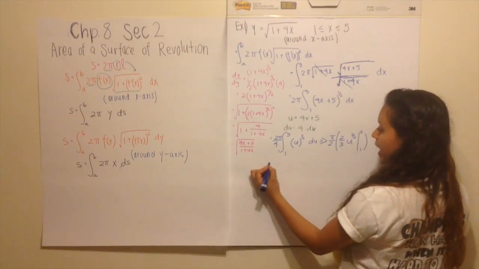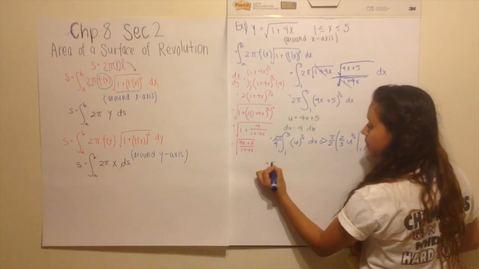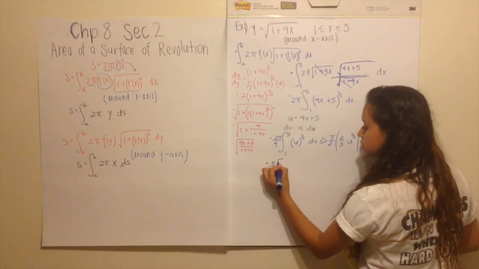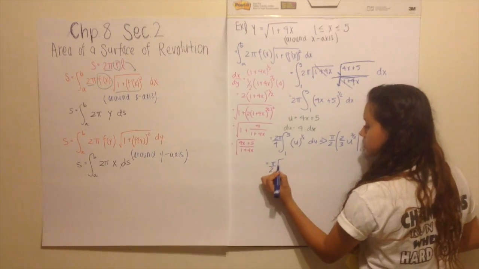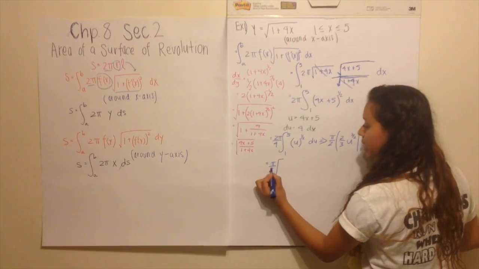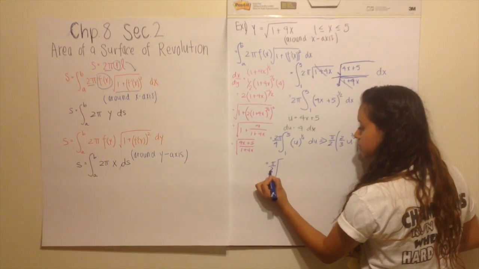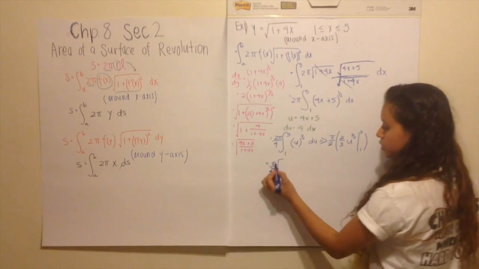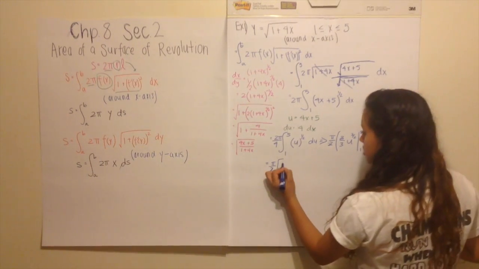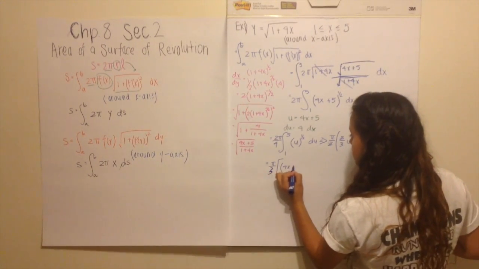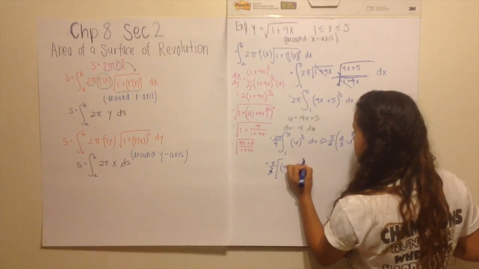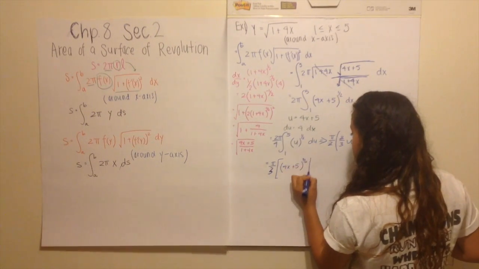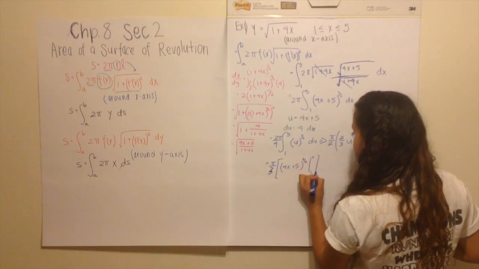So when I put it back, I would get pi over 3, sorry for that, pi over 3 because these would cancel out. So you would get pi over 3, 4x plus 5 to the power of 3 over 2, and the interval from 1 to 5.